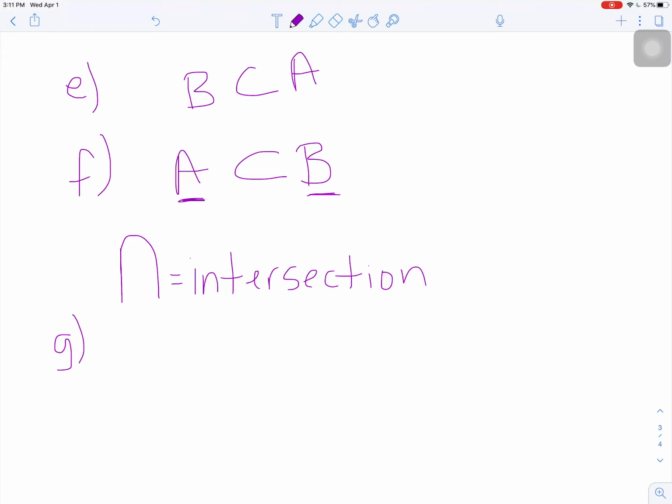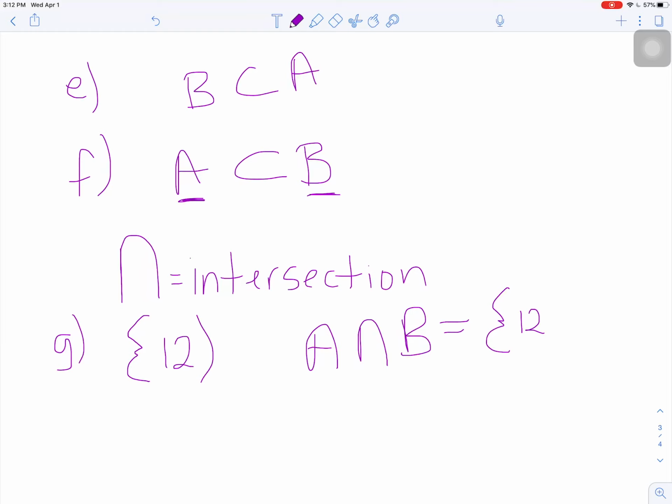A is 3, 6, 9, and 12, and B is 5, 12, 15, and 20. So where do they intersect? Well, they intersect at 12. So A intersect B equals 12.